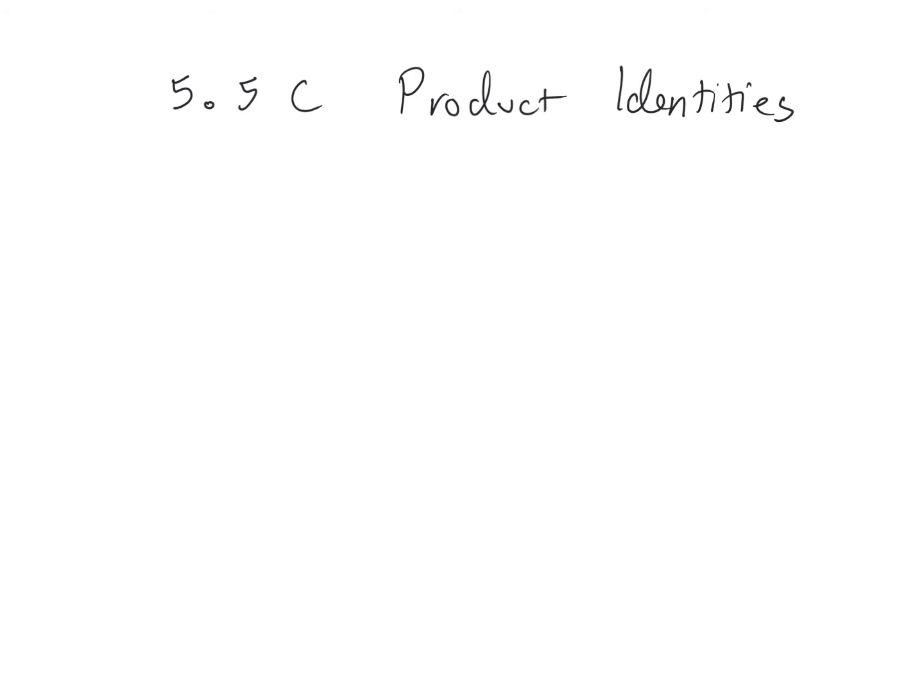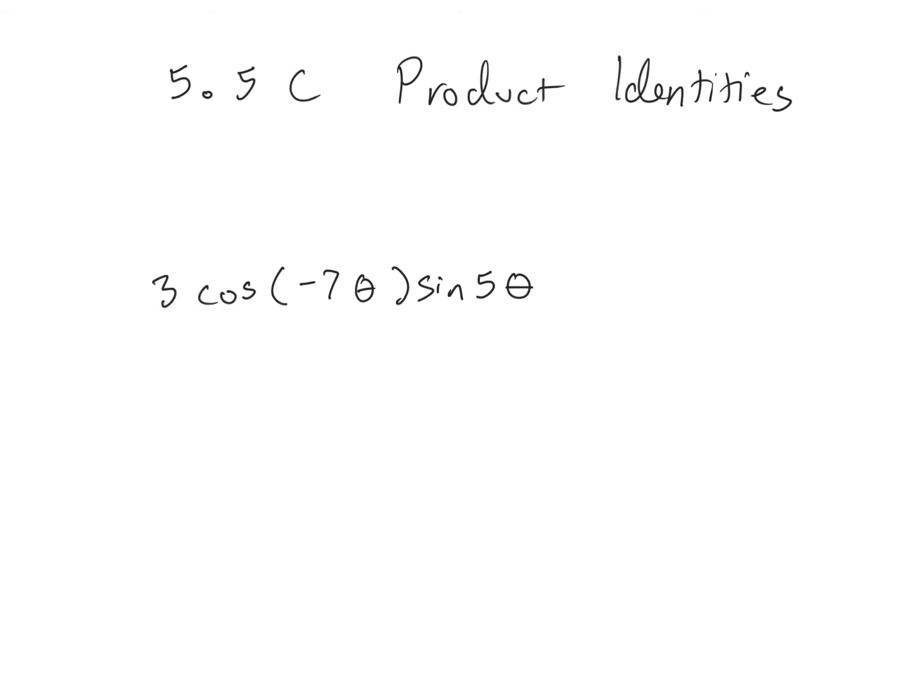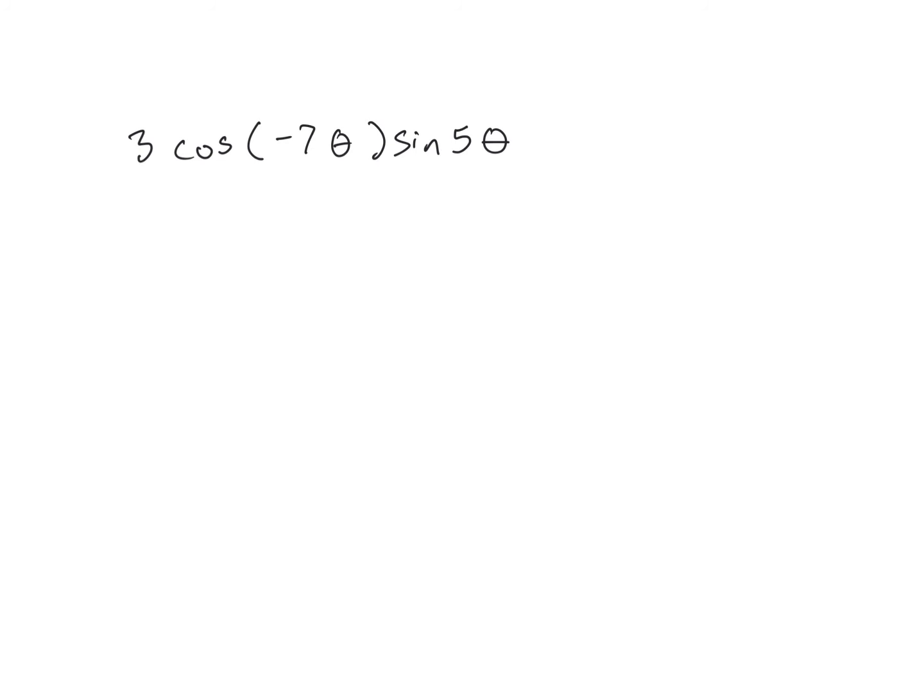Let's say we had 3 cosine of -7 theta sine of 5 theta, and we want to convert that to the other identity. Well, let's use the one product identity that this matches up with.